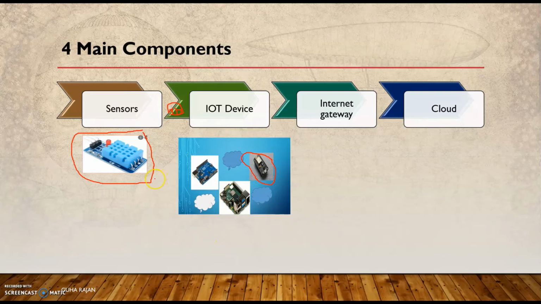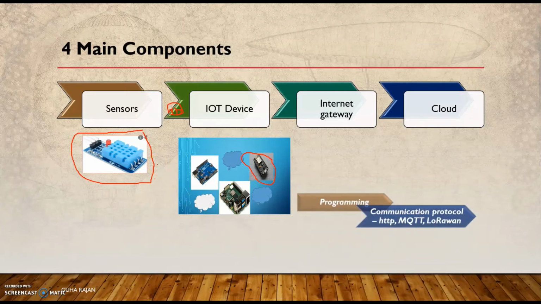So data is sent from the sensors to the IoT device, and the IoT device has programming. It can support Python, C, C++ and others. Earlier days it was assembly language, and now you can use the Python programming language.